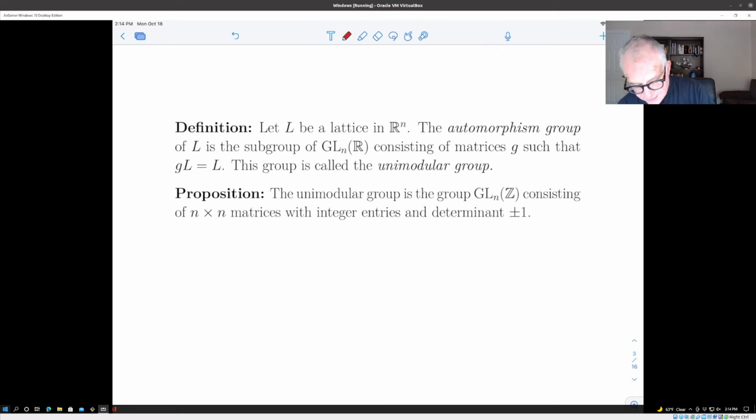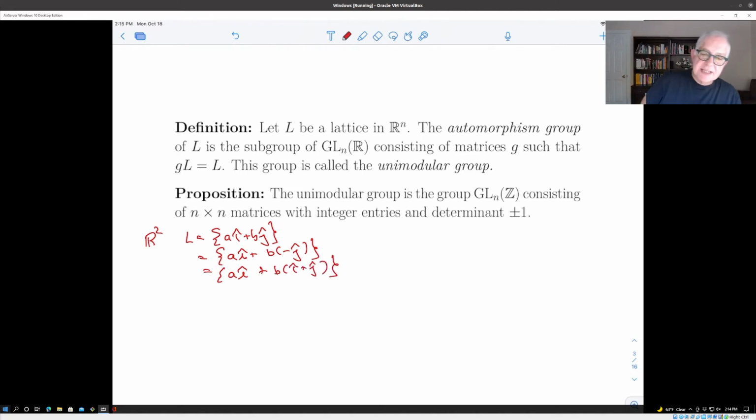For example, in our very original example, I described L as the collection of integer combinations ai plus bj. But that's the same as the collection of linear combinations ai plus b(minus j). Or the same as the collection of linear combinations ai plus b(i plus j).